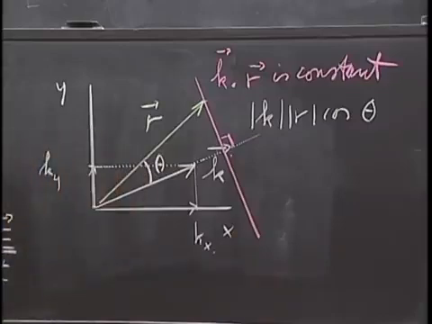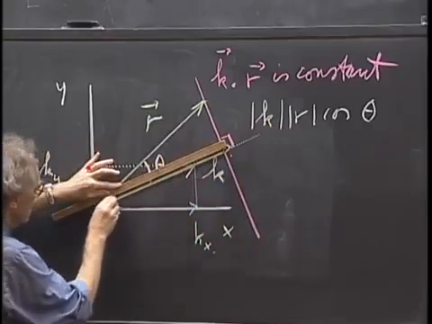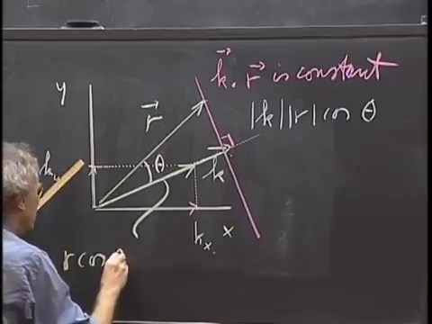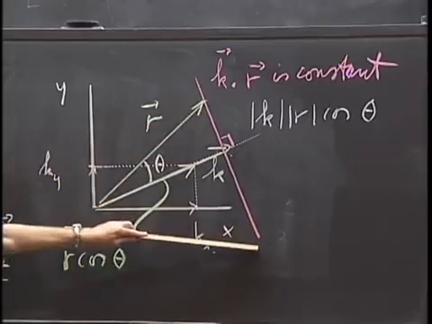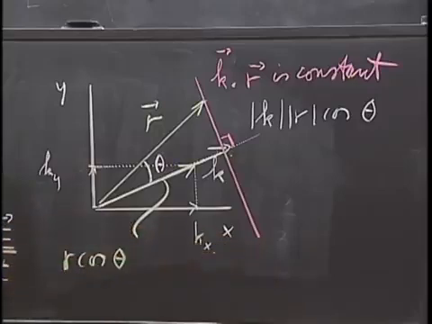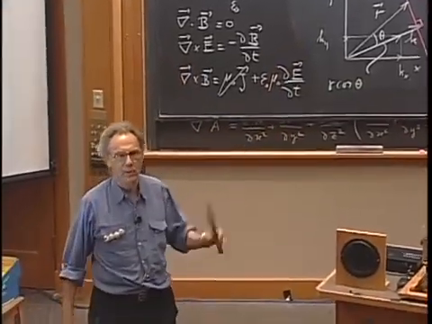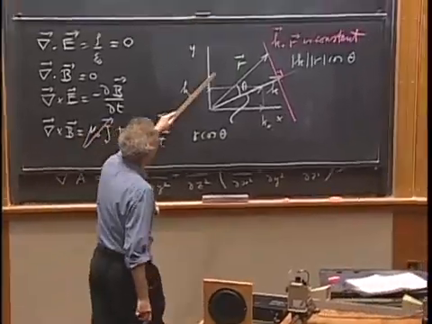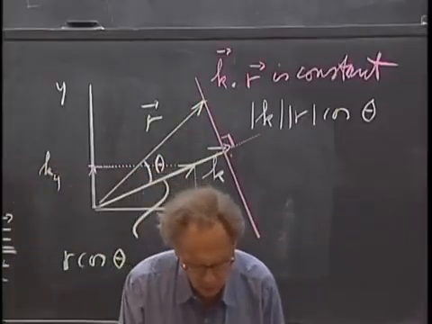And what is r cosine theta? That is this. This here is r cosine theta. And any vector r that ends on this red line will have the same value for r cosine theta. So therefore, on the entire red line, which in this two-dimensional plot is just a line, anywhere on this line, the value for k dot r is a constant, is the same.